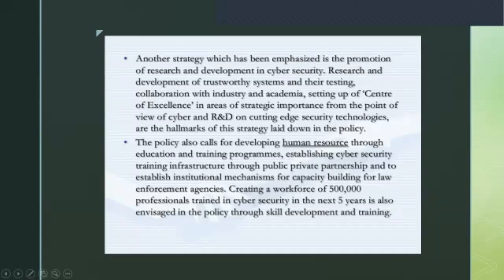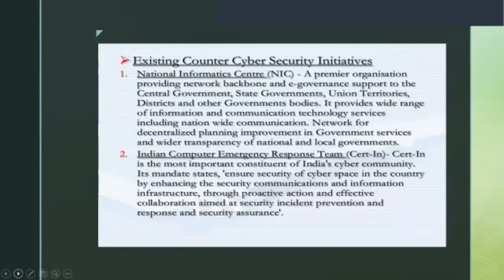Existing counter cyber security initiatives. What are the different cyber security initiatives? A premier organization, NIC, I think all of you have heard the name, National Informatics Center.